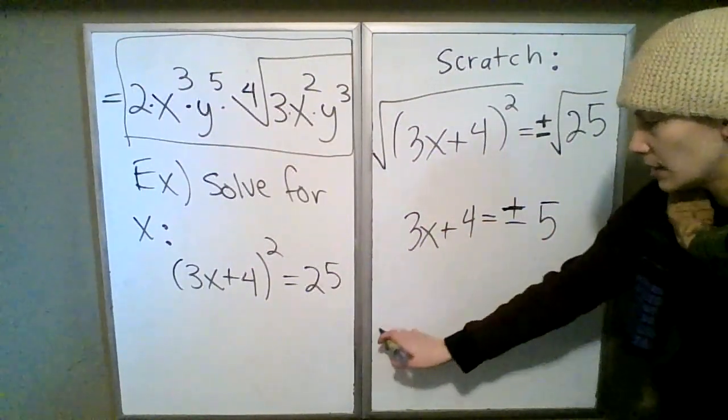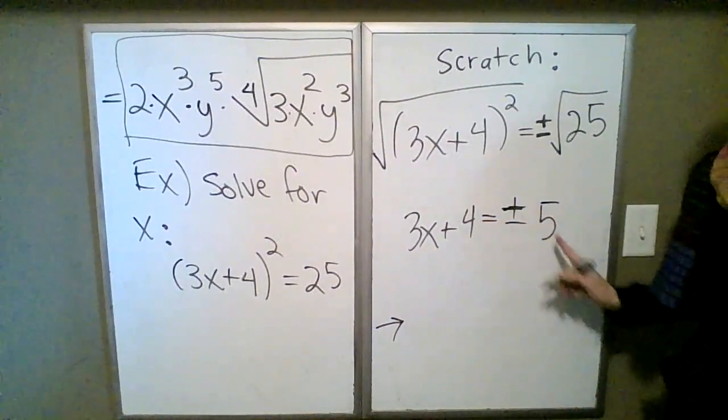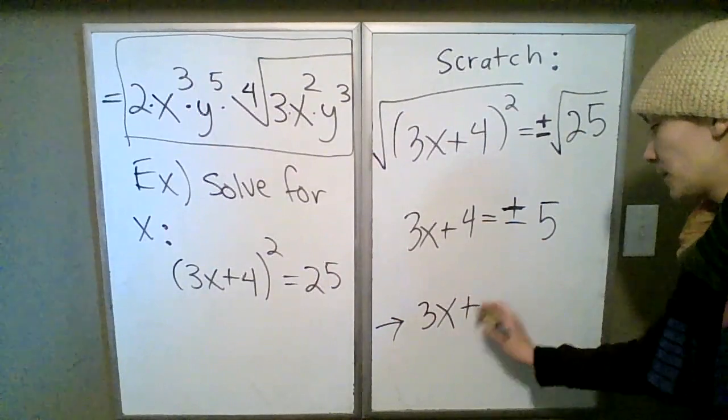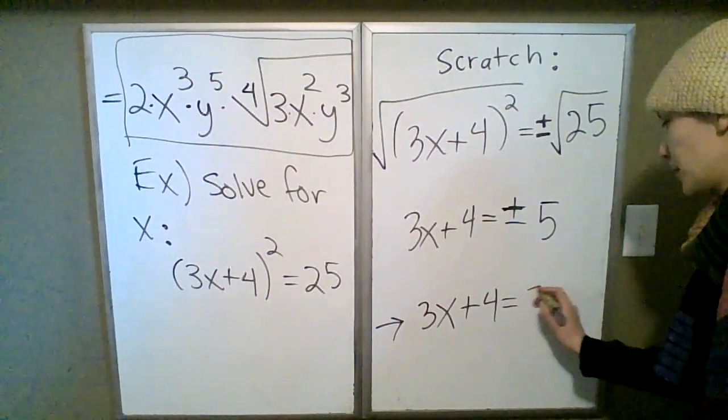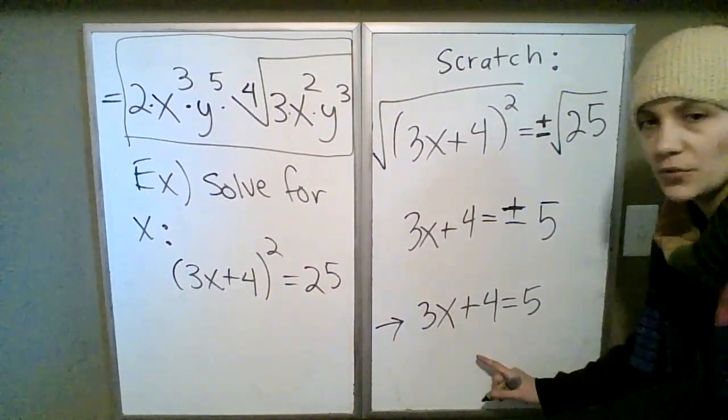First one is 3x plus 4 equal to positive 5. Okay, solve for x.